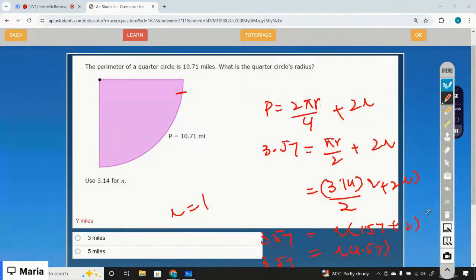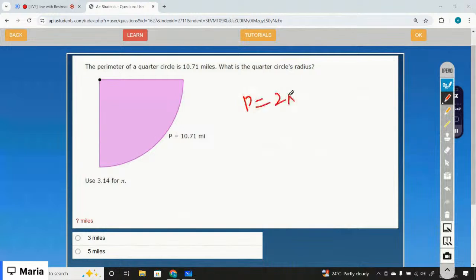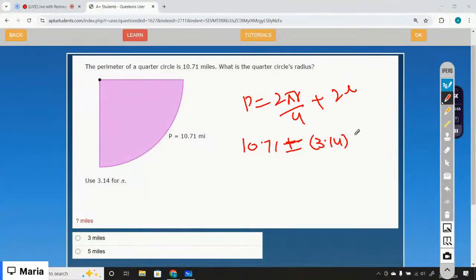You need to calculate the radius, so that is 2 pi r divided by 4 plus 2r, right? You are given the perimeter, that is 10.71 equals 3.14 times r divided by 2 plus 2r. So that is 10.71. 2 times 3.14 is 6.28.